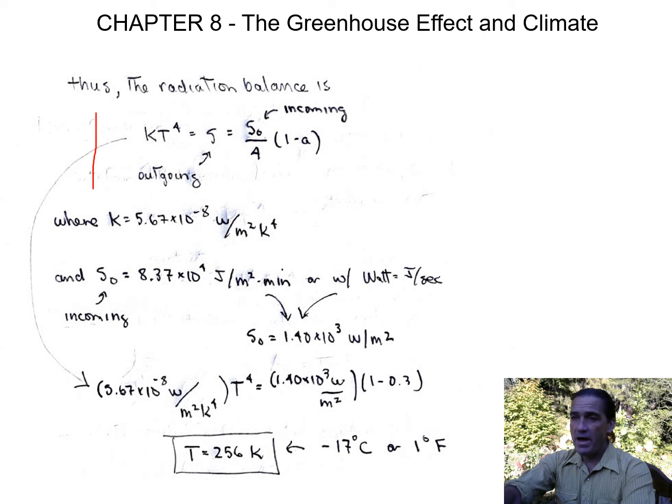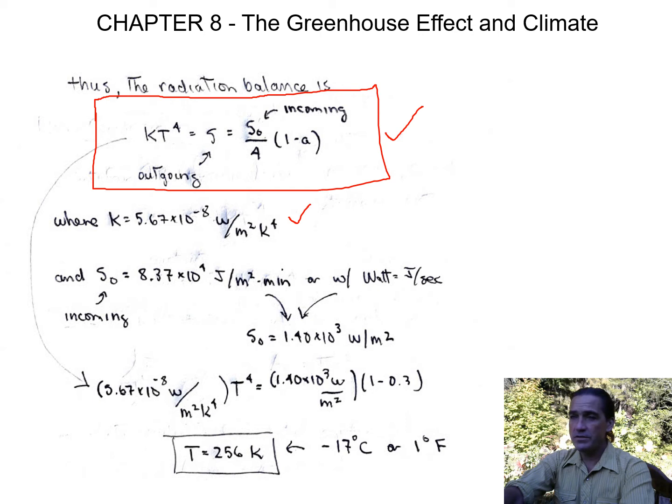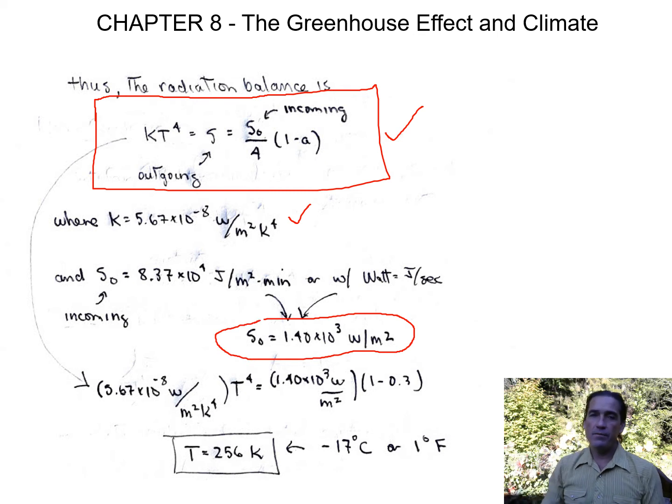So for our radiation balance, let's solve our new equation here. We have our constant, Stefan Boltzmann's constant, and we know how much energy is coming from the sun. And so this is in watts or power per surface area. And remember, it's hitting that disk.